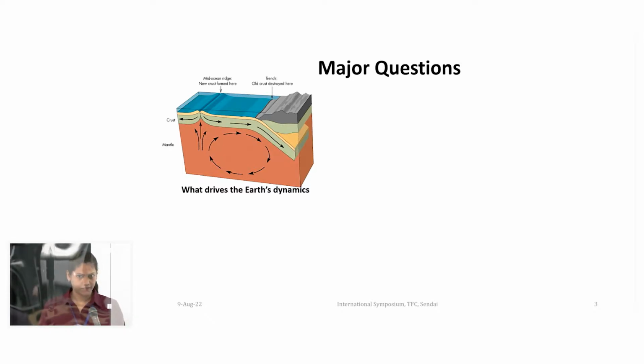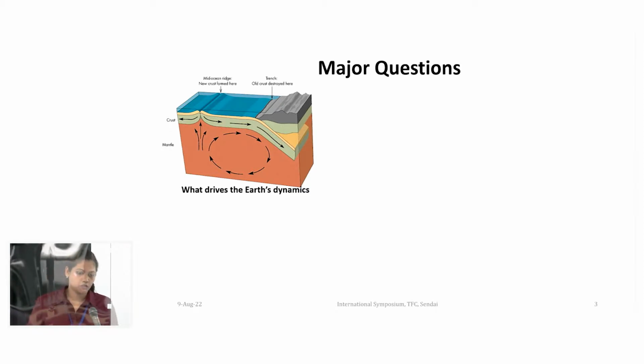Further silicate differentiation led to the formation of crust and mantle. And in the present day also, we can see new crust formation happening along the mid-ocean ridges, and along the convergent boundaries, this newly formed crust is also subducting. So there is a constant exchange going on between crust and mantle, which leads to further heterogeneity in the mantle.